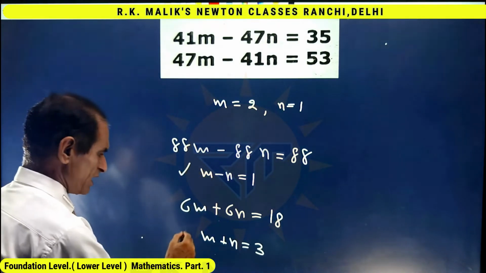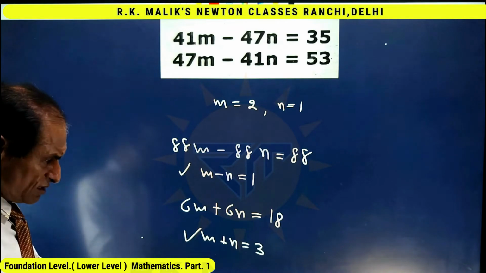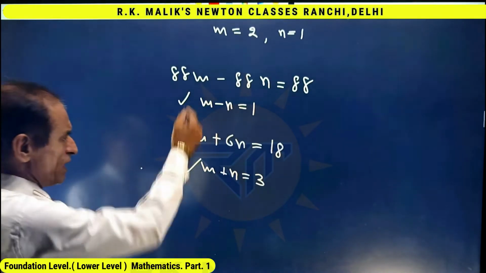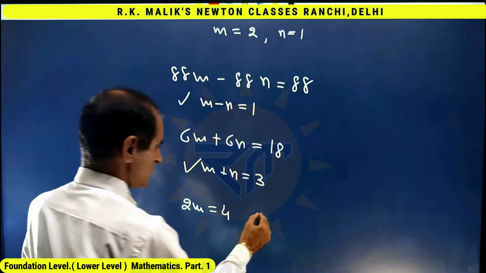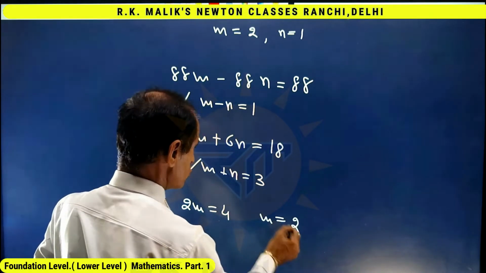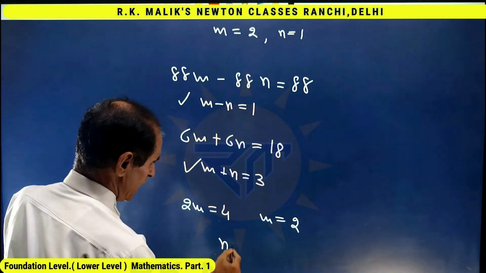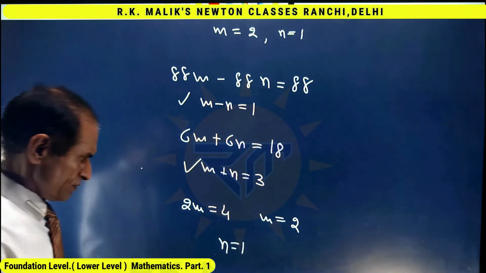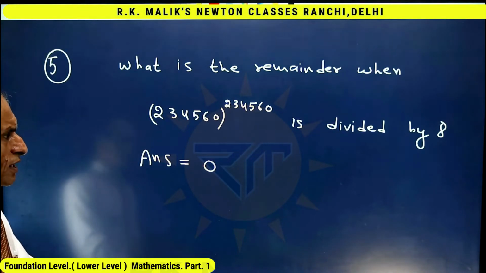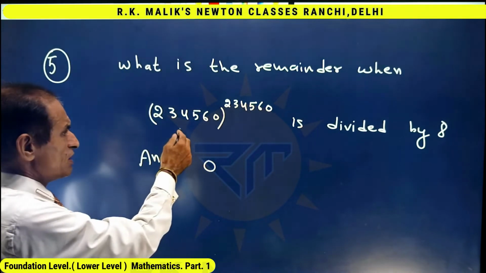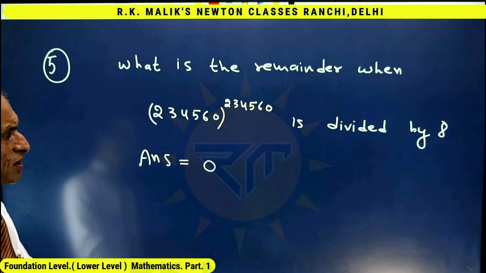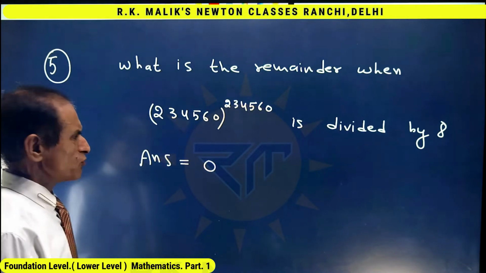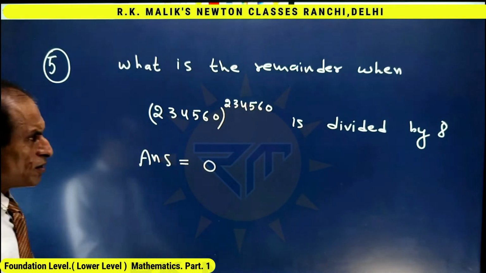And now it is very easy to solve these equations. By adding these two equations, I will get 2m equal to 4, that is m equal to 2, and hence n will be 1. In this question, it is asked that when this number is divided by 8, what will be the remainder? It's actually very easy.